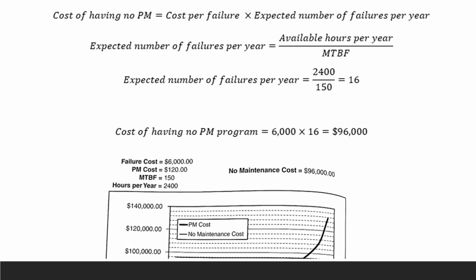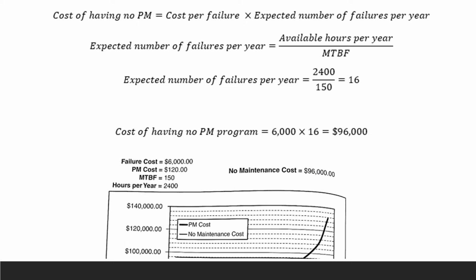So we can calculate that by first calculating the expected number of failures per year. In 1 year, we operate 2,400 hours. We will have a failure every 150 hours. That's the mean time between failures.